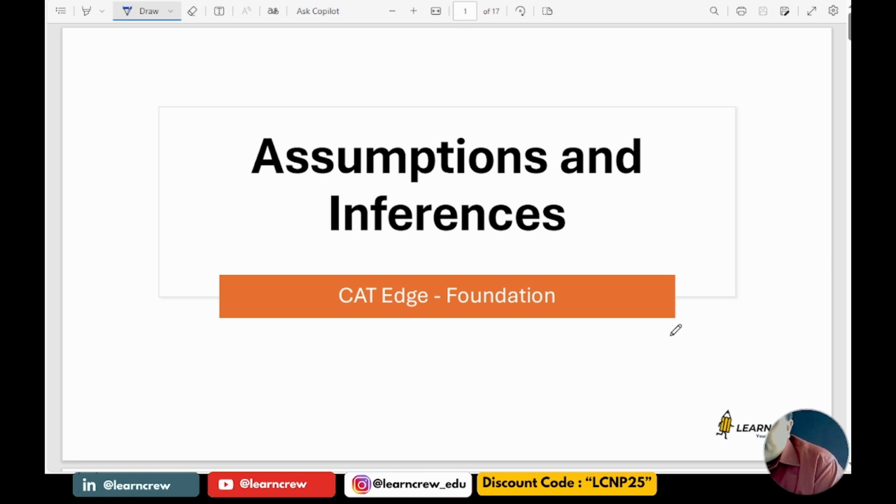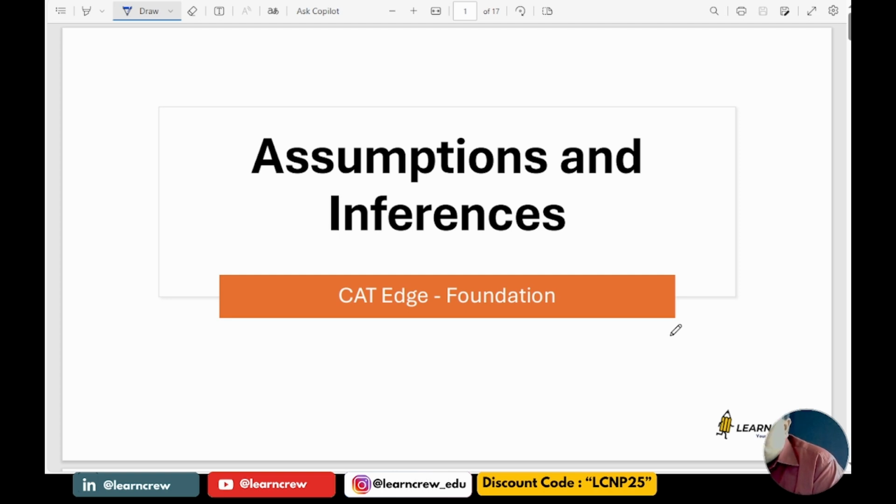Let me first explain assumption. Assumptions are unstated facts which lie within the statement, on which the statement is based. So assumption is the base for the statement. They are unstated or implicit premises, and they are taken for granted or presumed to be true.